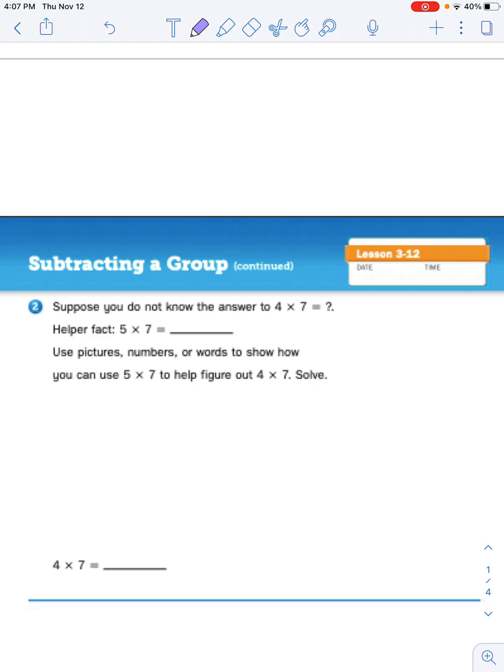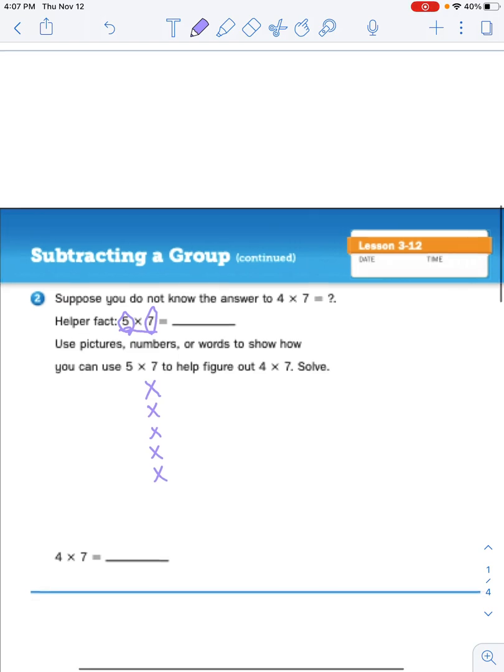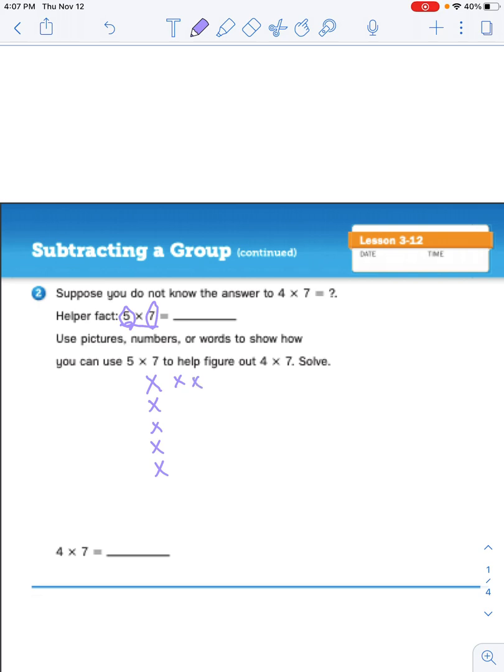For an array, I need to represent 5 times 7. Remember, the first number in the array is the number of rows, so 5. I'll start with that: 1, 2, 3, 4, 5. And then the second number in the problem is how many are in each row, so 7 in each row. 1, 2, 3, 4, 5, 6, 7.